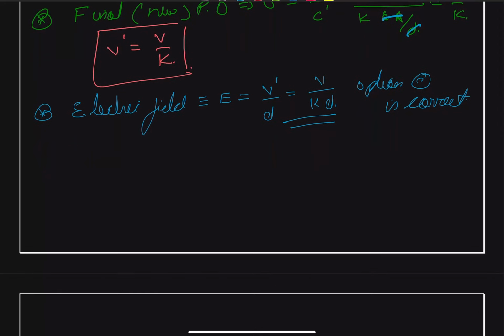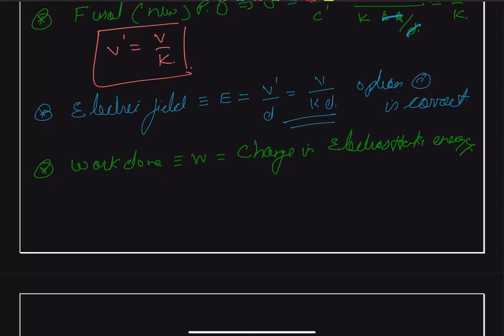So work done is nothing but the change in the electrostatic energy. We can say our work done W is equal to the change in electrostatic energy.